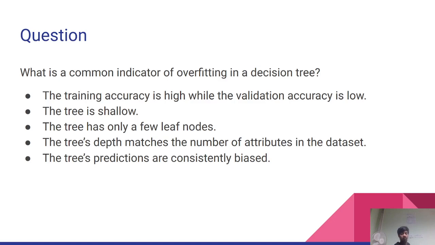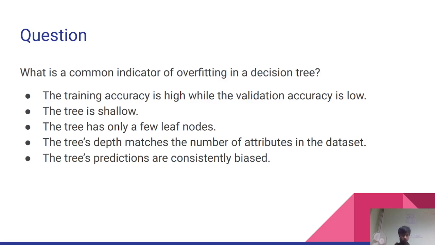The fourth is that the tree's depth matches the number of attributes, the number of variables in the training data. And the last is that predictions are consistently biased.